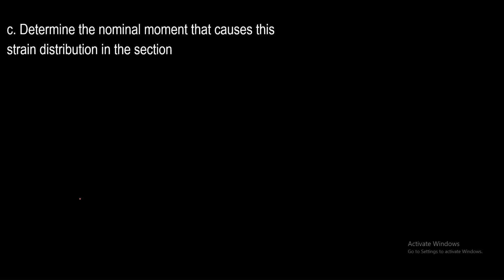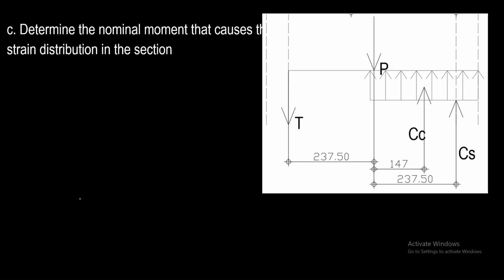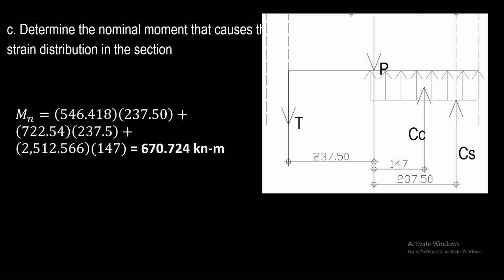Last, determine the nominal moment that causes this strain distribution in the section. For this equation, we take the moment about the center, since it is the centroid, the center of gravity of the section.